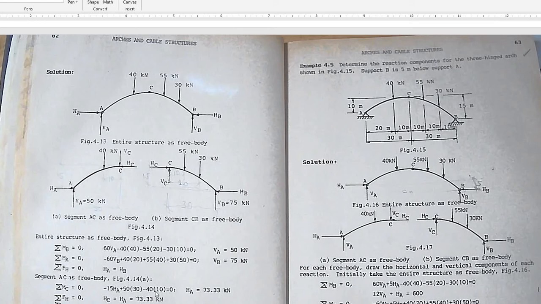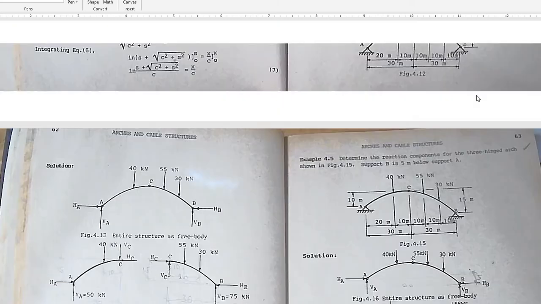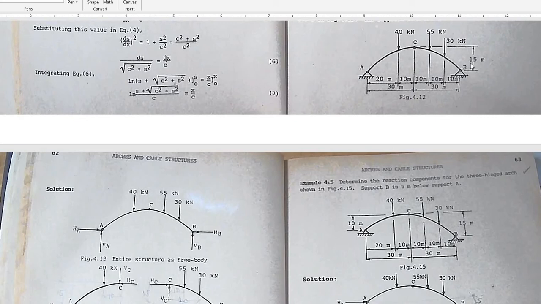Likewise, we have negative 40 times 10, and then negative 15 times H sub A, where 15 is the lever arm.